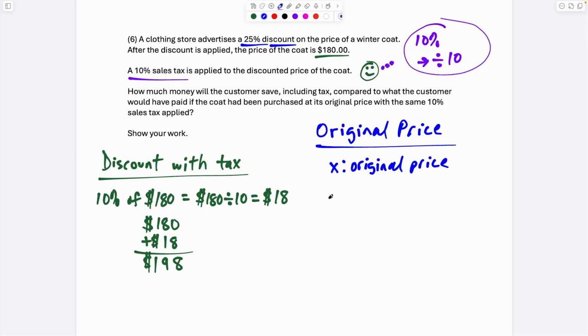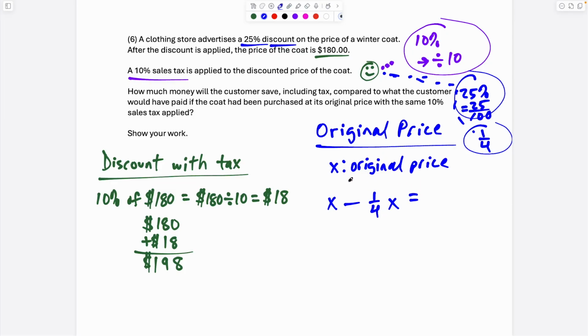So we go X minus 25% of X. And 25% is the same thing as 25 out of 100, which is the same thing as 1/4. So I'm going to subtract 1/4 X. Here we have the original price X minus 1/4 of the original price X, that's the 25% discount, gives us 180. And now 1X minus 1/4 X gives us 3/4 X equals 180.